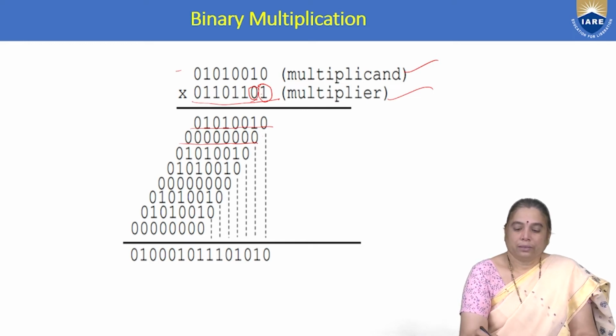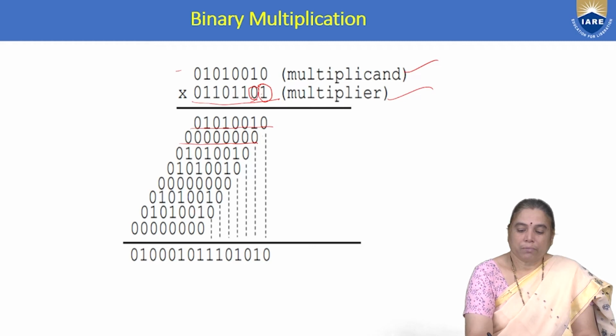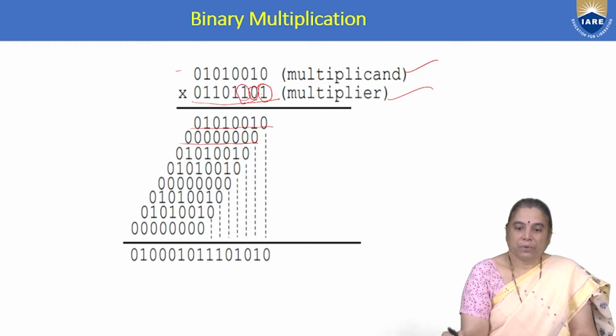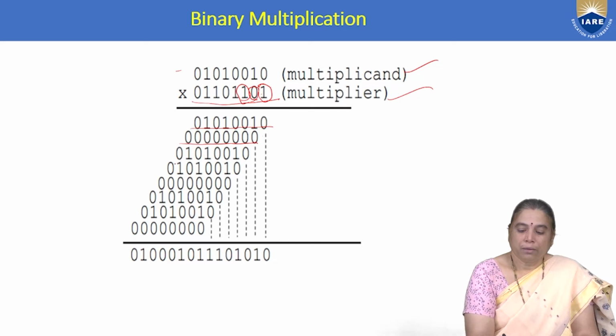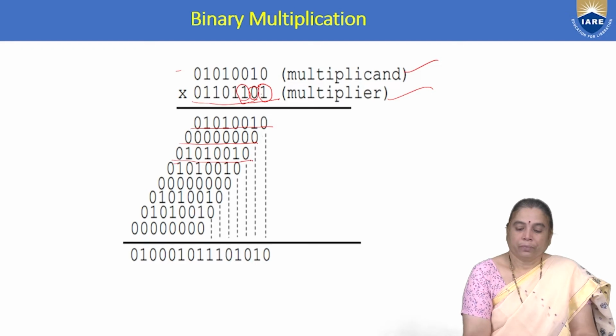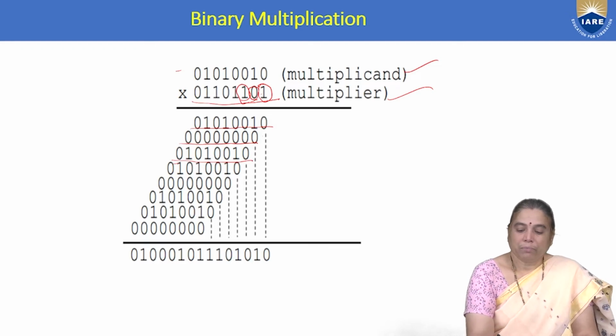Next, the next bit in the multiplier is considered. It is 1, so the same multiplicand is copied by shifting one bit in the partial product. Like this, for each bit of the multiplier, if the bit is 1, the same multiplicand is copied, shifted by one position in the partial product.